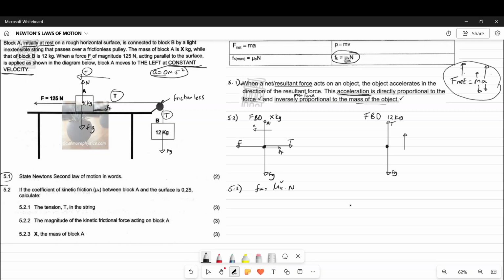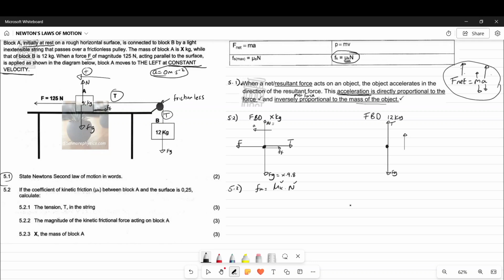We need the normal force, which in this scenario is equal to Fg. But we can't get Fg here, because we need the mass, which we do not know. So it's x times 9.8, which means we can't get the normal force.